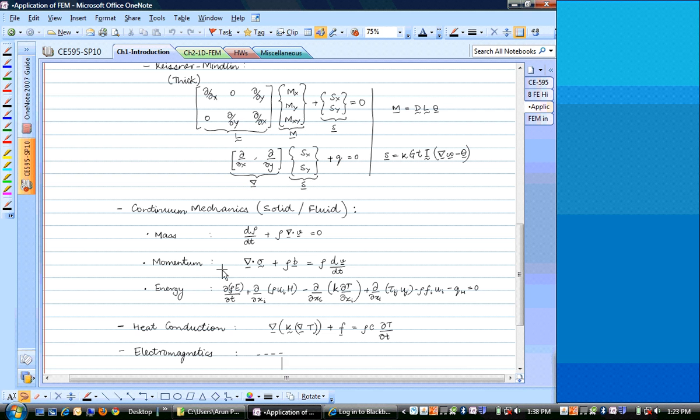And this conservation of momentum equation is the one we will be using most often for solids. Okay, for solids, conservation of mass is mostly automatic. Energy, that is mostly contained in your material model. So for solids, we'll be mostly concerned with the conservation of momentum.